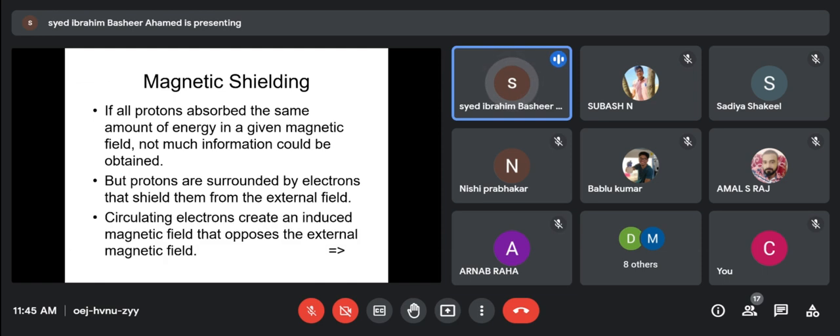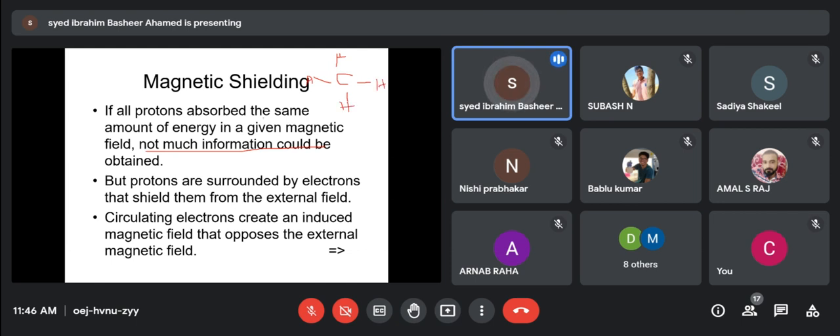If all protons absorb the same amount of energy in a given magnetic field, not much information could be obtained. What does it mean? Assume you have methane, CH4.